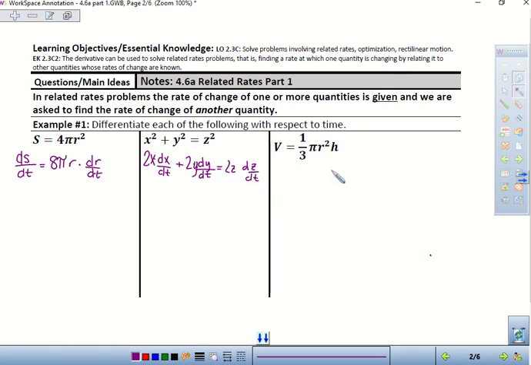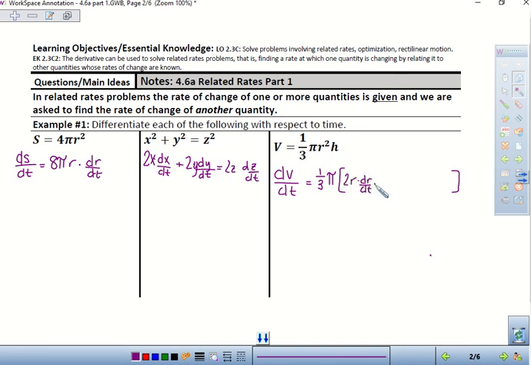And then what about the last one? dv dt equals. What's going to happen on this one? Product rule. Good. So I'm going to bring the constant out front, and I'm going to do the product rule inside of the parentheses. So what's the derivative of r squared? 2r times dr over dt.